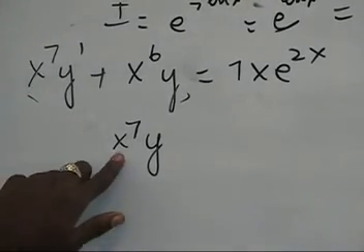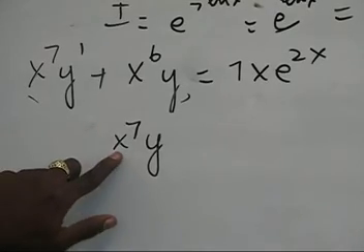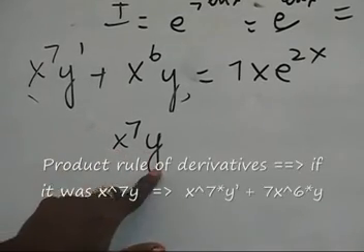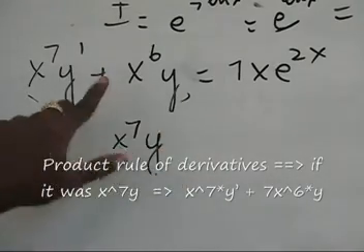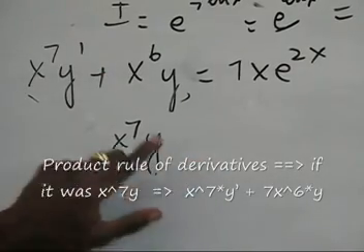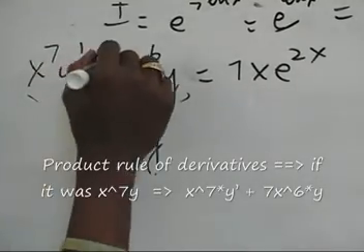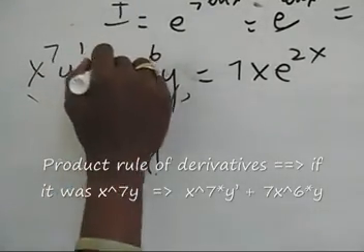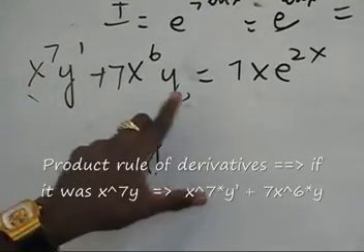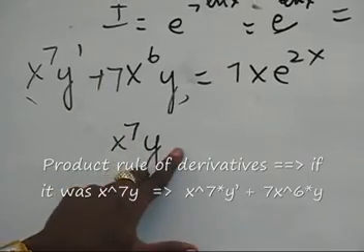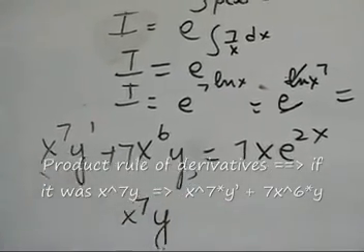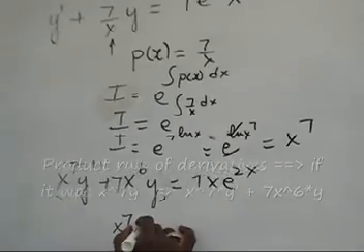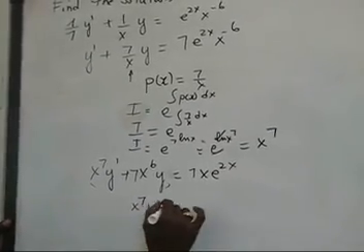Because if you do the chain rule for this one, you're going to have the first times the derivative of the second plus the derivative of the first times the second, right? That's what basically we have here.